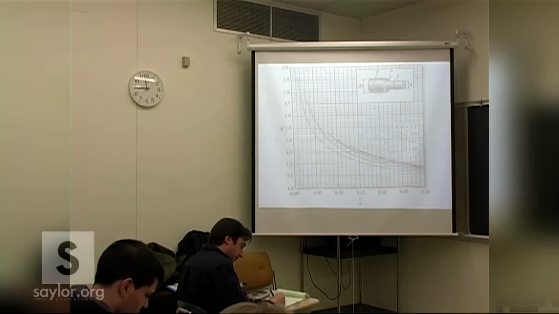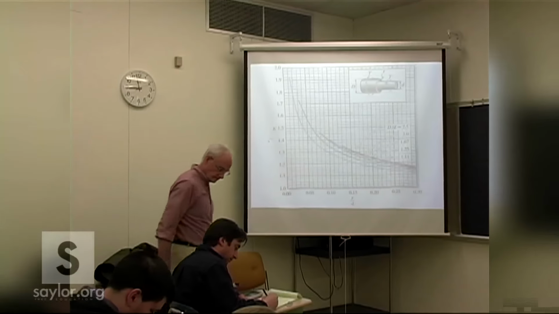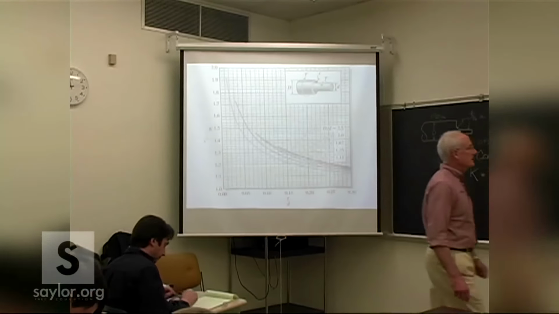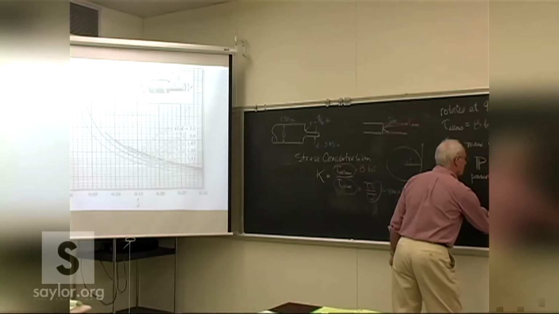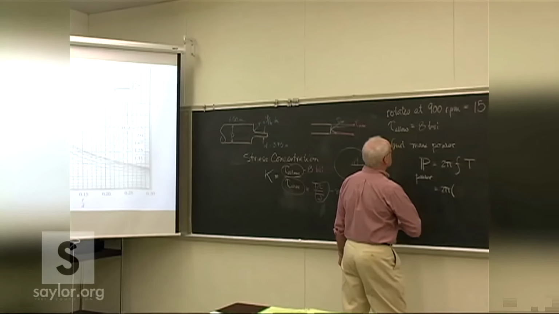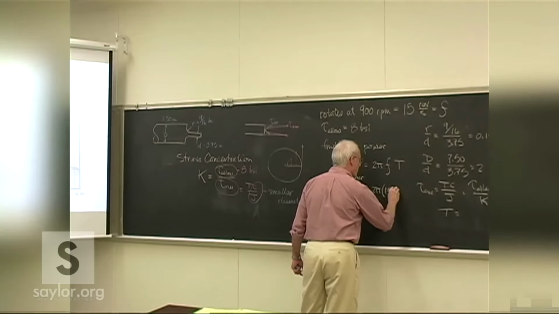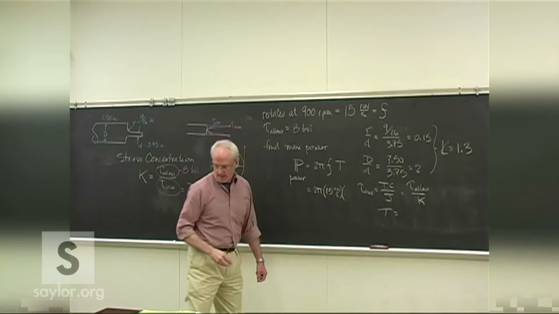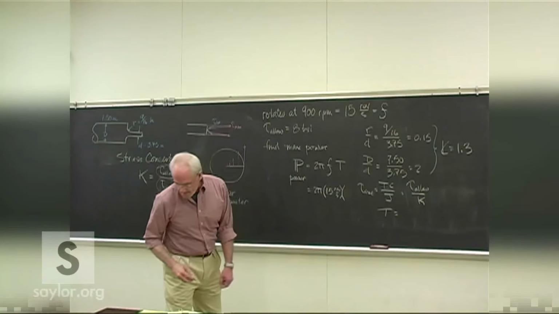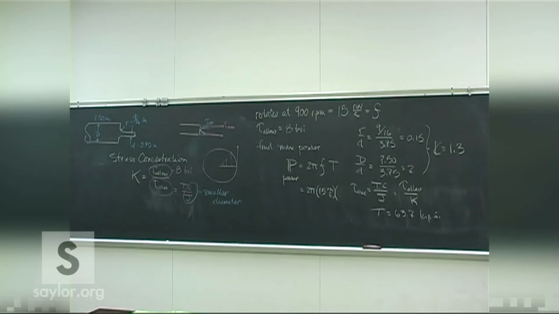You should be able to get a T from that, and then once you get a T from that, you can get a power. And we're getting 63.7 kip-inches. I used a lower K, at least 1.2.